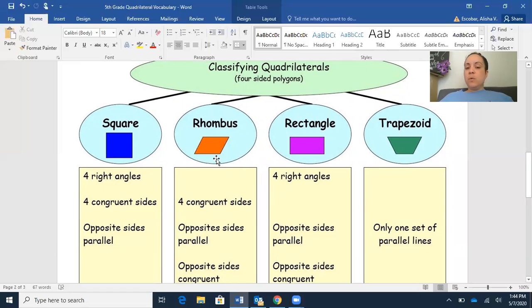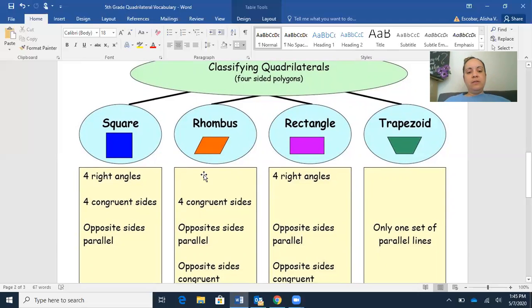But a rhombus or parallelogram has 4 congruent sides. Oh, just like a square. 4 congruent sides. That means this side is equal to this side, is equal to this side, is equal to this side. The only difference, look, it does not have 4 right angles because they're slanted.